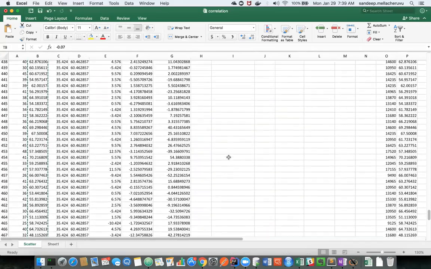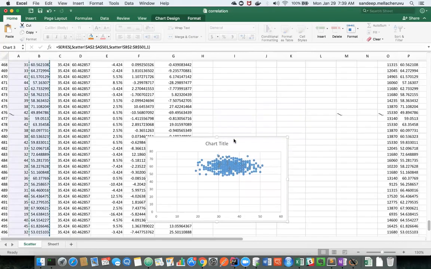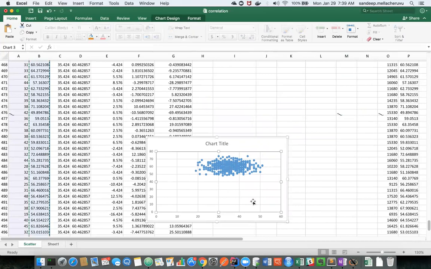is giving you some specific value. Either it is negative or positive, I don't care, but it is specifically saying it is negative or it is positive. But in a scatter plot, you have to interpret yourself. Sometimes it is very hard to interpret these scatter plots.